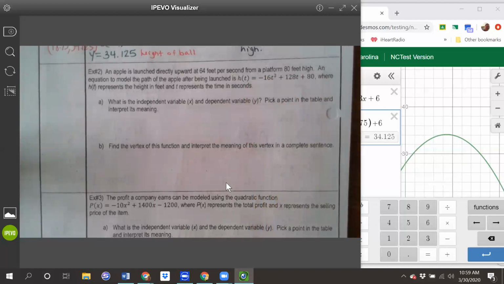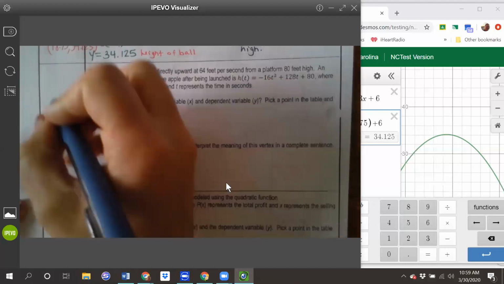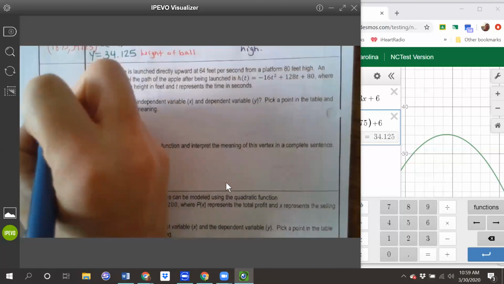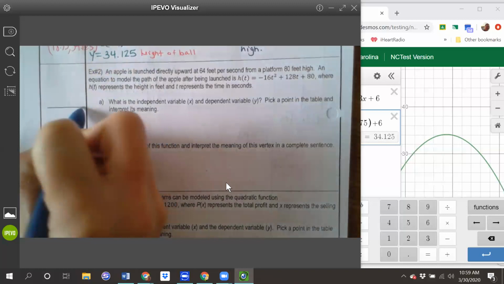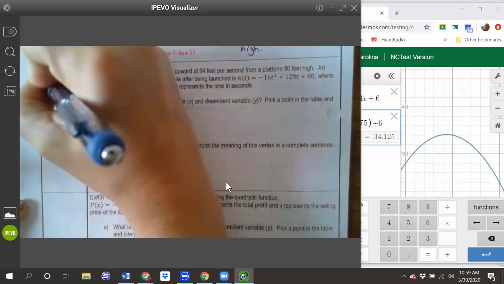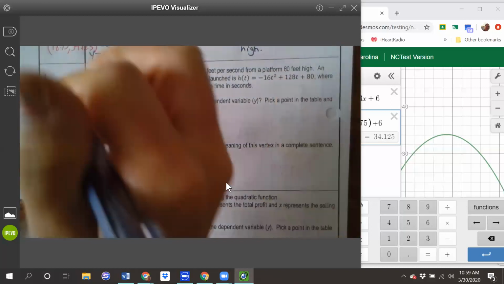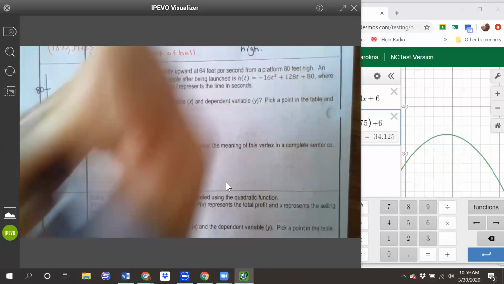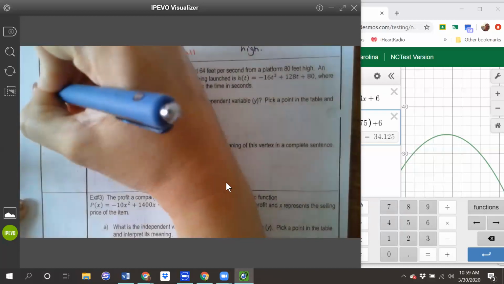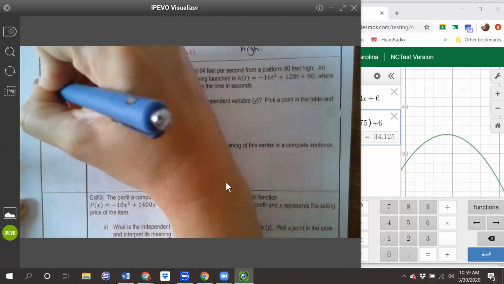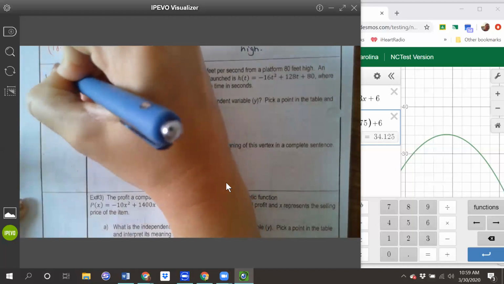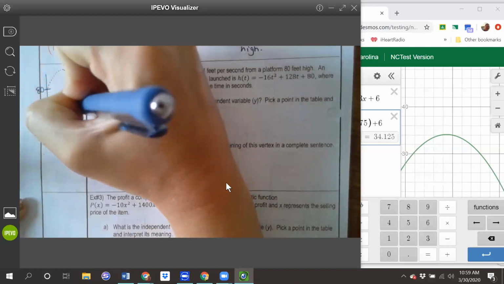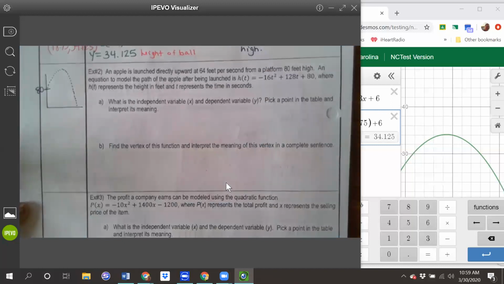Okay, so I'm going to draw out what this would look like. So we have an apple. Let me do my ground first. We have an apple that is being launched from an 80-foot high platform. So here's the platform. The apple gets launched into the air and then at some point is going to hit the ground.